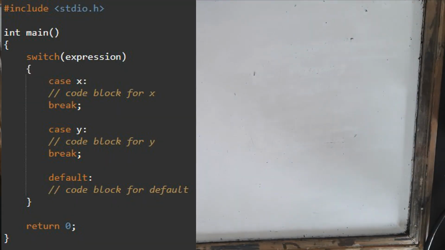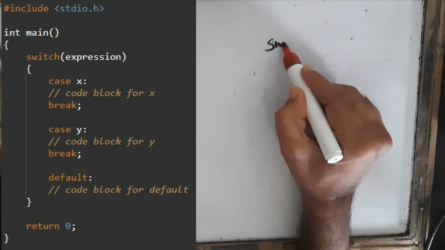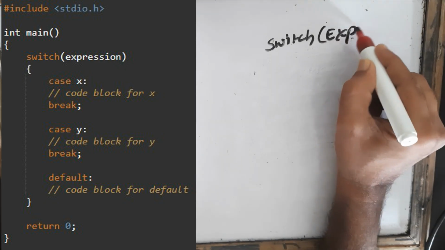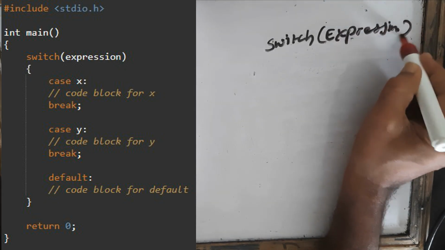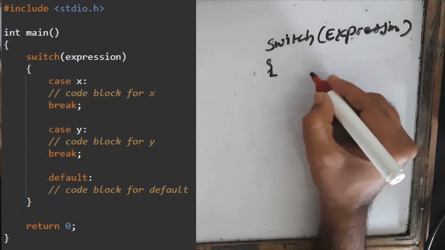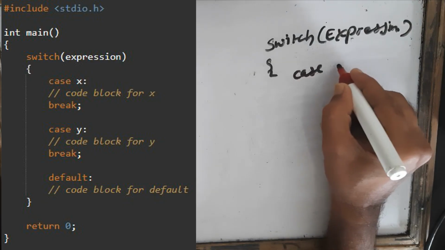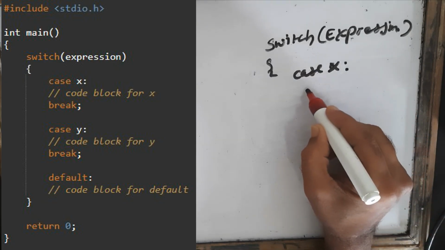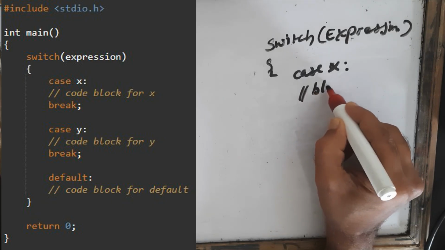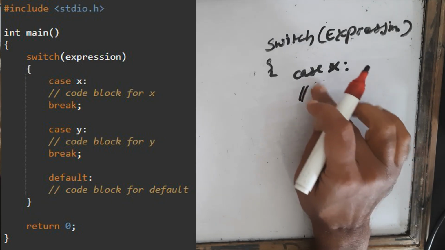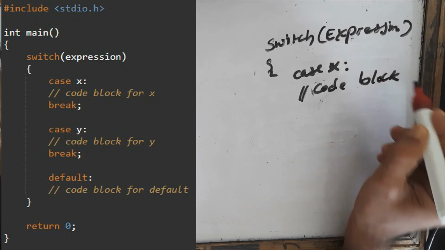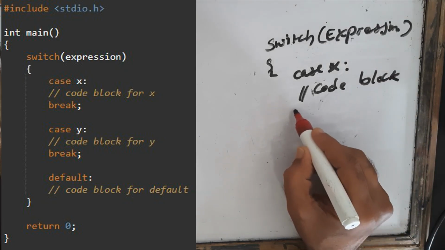So here you can see in this switch case, we have a switch expression, and we have case x colon, then a code block for x.